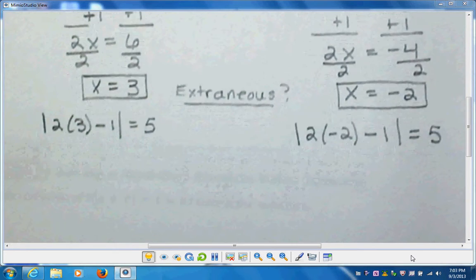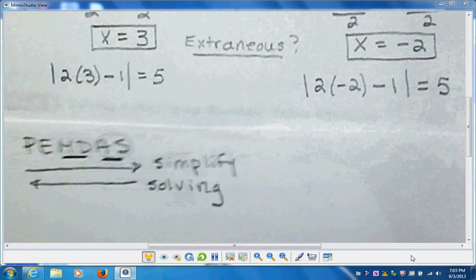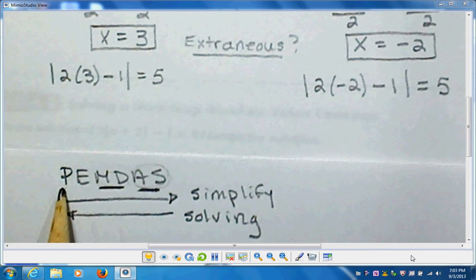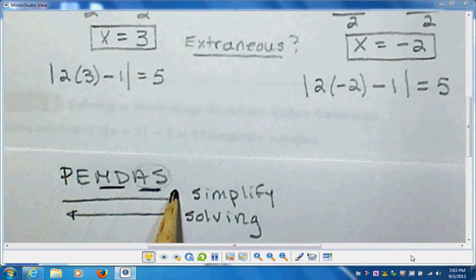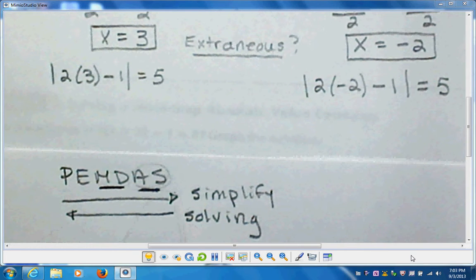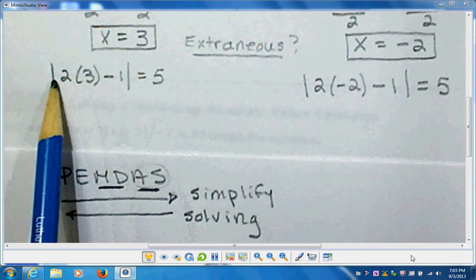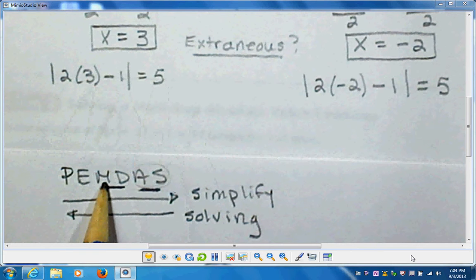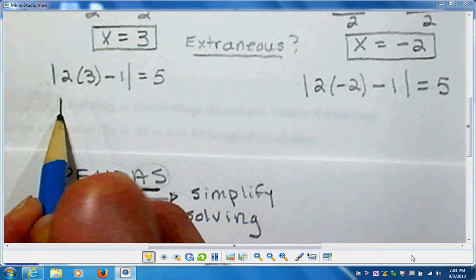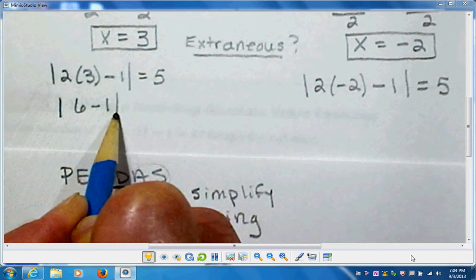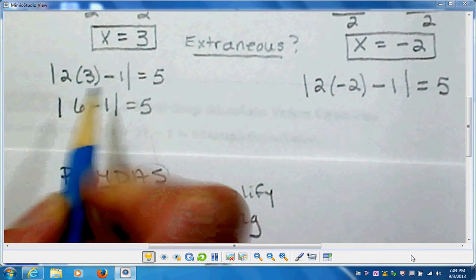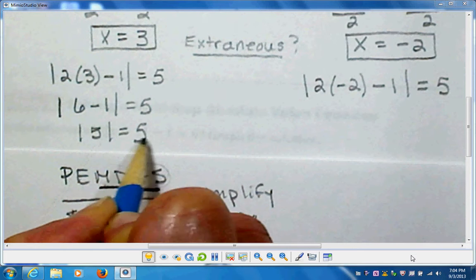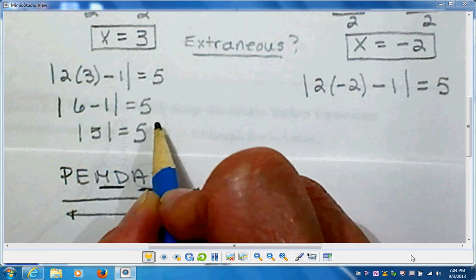So when I simplify, I'm going to do PEMDAS from left to right. You could say you don't have parentheses, but you do have what's inside the absolute value. So you have to do what's being multiplied first. That's the absolute value of 6 minus 1, which is 5. So the absolute value of 5 does equal 5. So that one's good.